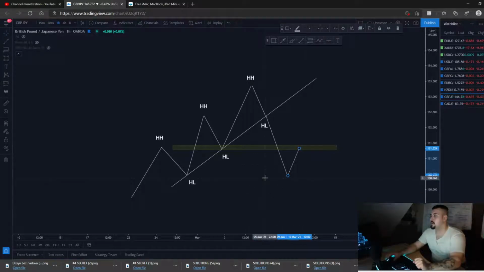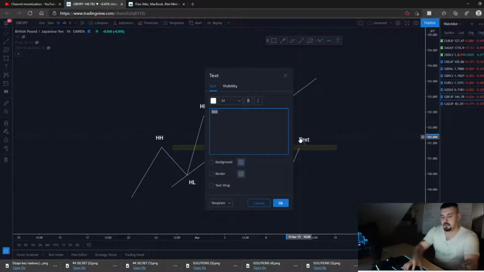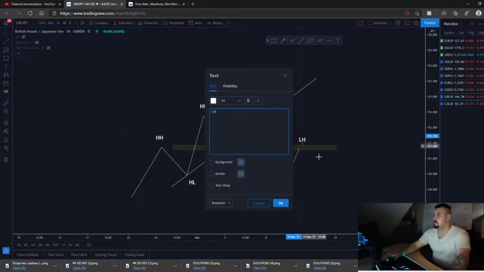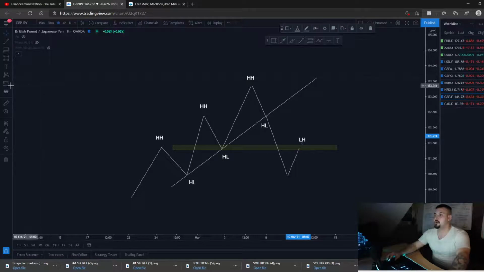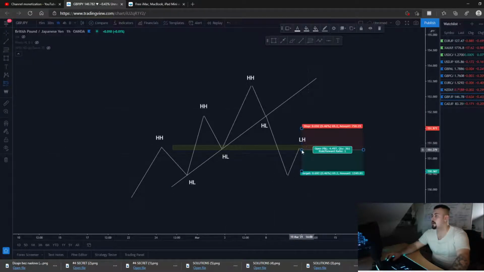And as you can see, this is a buildup of our next bearish downtrend, which is now a lower high on this one. And here you can wait for a clear rejection, for a clear confirmation on this zone for you to enter a sell trade.